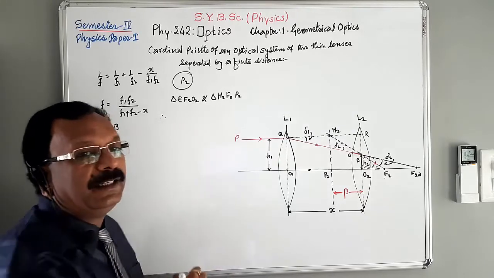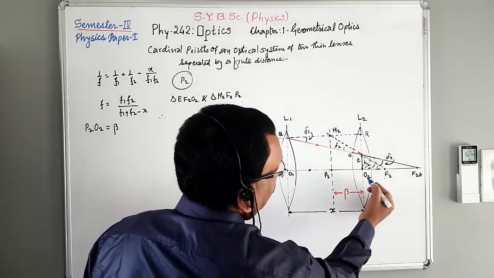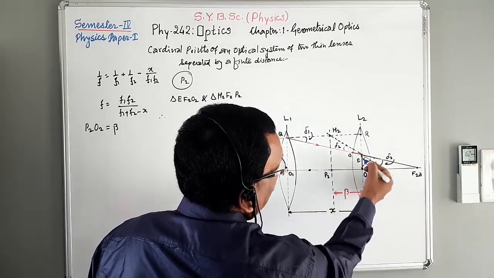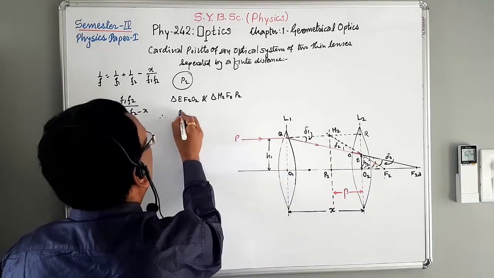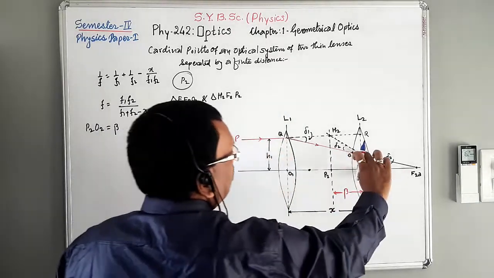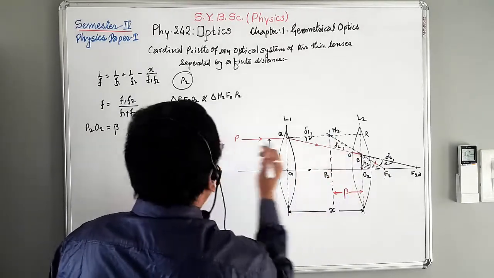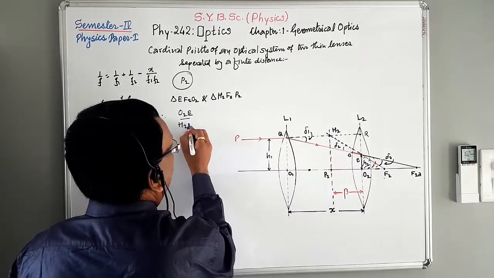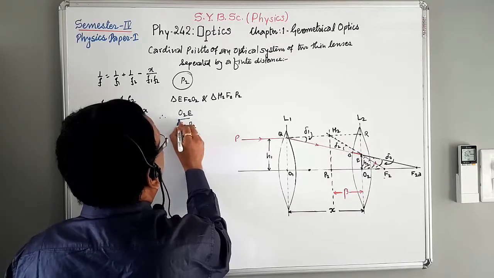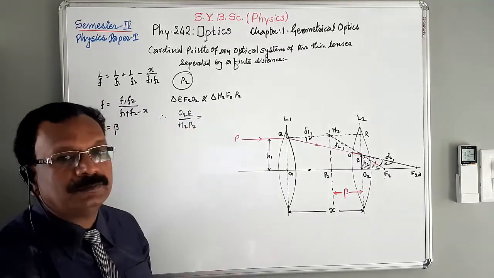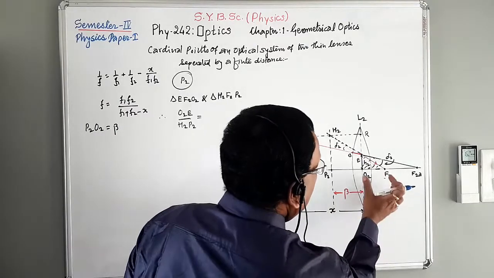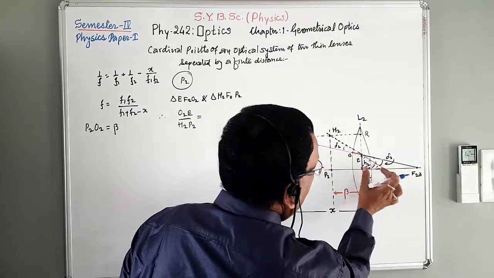Therefore, we can write here O2E divided by H2P2 is equal to O2F2 divided by F2P2, or P2F2, whatever it may be. Where is O2E? This side of this triangle divided by this side of the second triangle. O2F2 is this side of the first triangle.